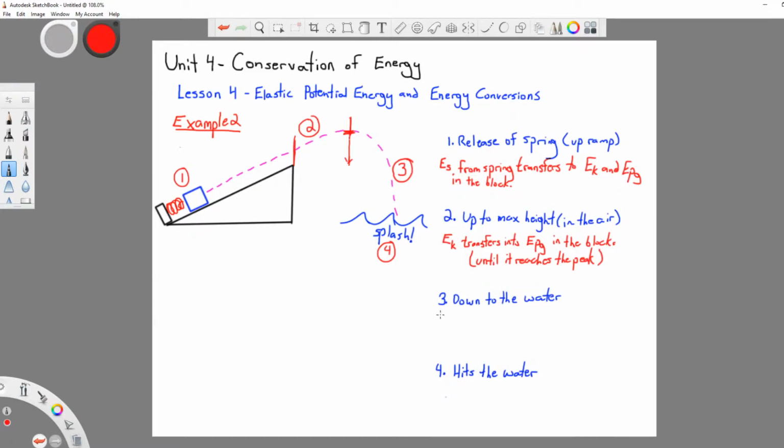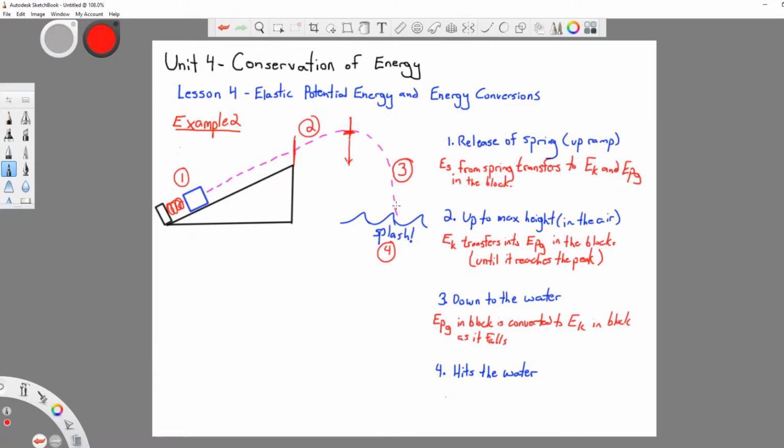So here I can say energy potential due to gravity in the block is converted to energy kinetic in the block. I could say as it falls as well, I guess. As it falls.